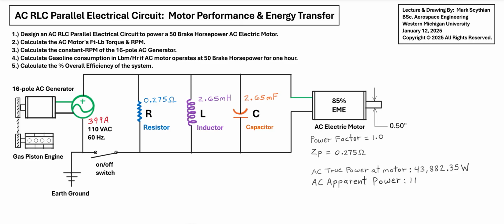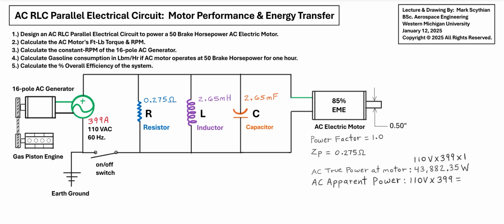When we're working with the apparent power component, that is simply the RMS effective voltage times the RMS effective current. However, the true power is the same value times the power factor.